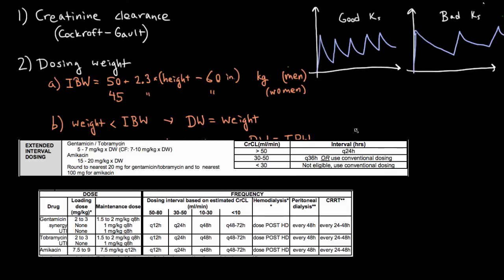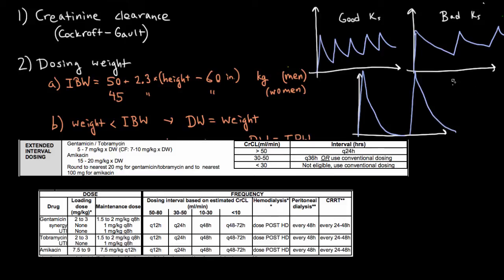Now let's compare that with extended interval dosing for someone with good kidneys. There you're going to give a big dose, so your concentration really spikes high, and then you have good kidneys, so your concentration is going to fall all the way back down to 0, and then after 24 hours you'll give the next dose again, and then the concentration is going to fall all the way back.